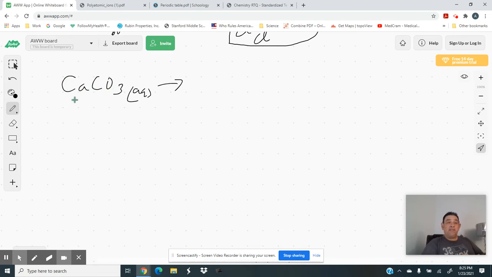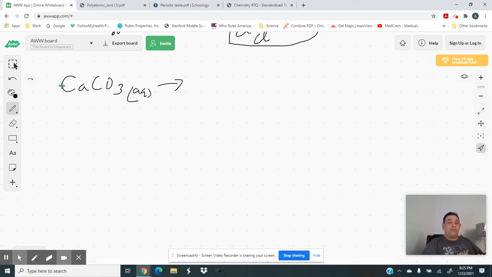This one has three elements: calcium, carbon, and oxygen. But as I said, you break them up into exactly two ions. We're not going to break it up into a calcium, a carbon, and an oxygen ion. There's got to be two of them.